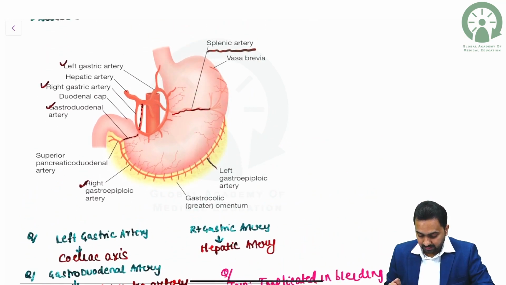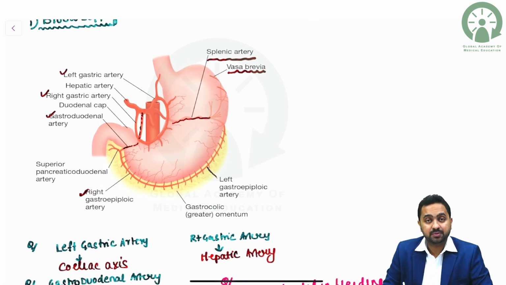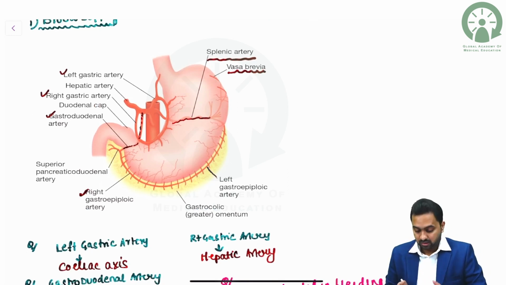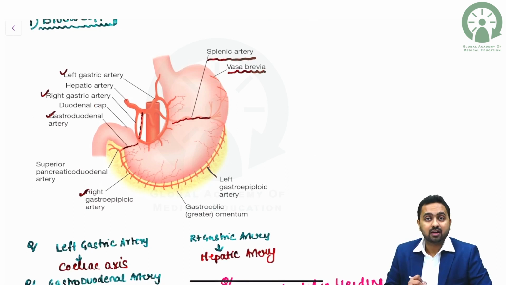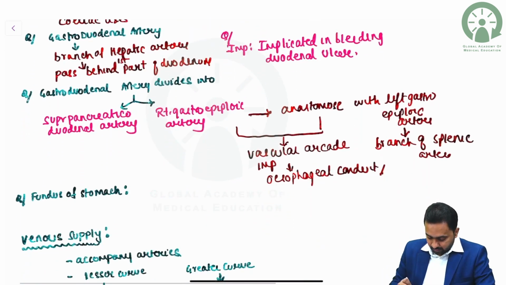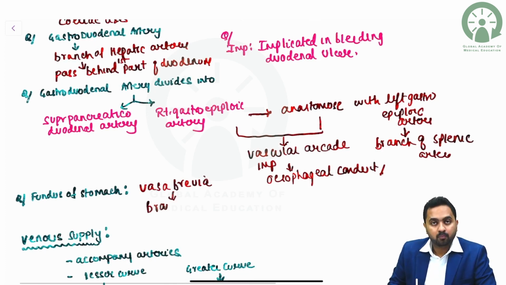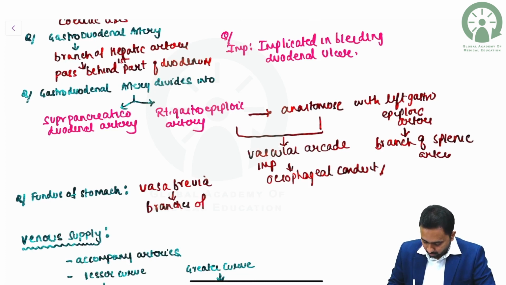The short gastric arteries are again branches from your splenic artery. So this is supplied by your vasa brevia, which are branches of your splenic artery, right?